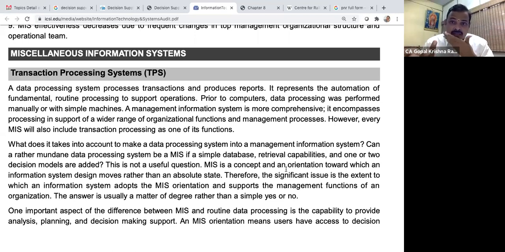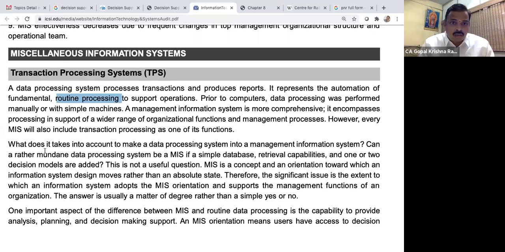Passenger reservation list. Summary: what is the total train, how many tickets are there, how many tickets are booked, how many tickets are still pending? Those reports. It represents the automation of fundamental routine processing. Normally, transaction processing will be automating the routine process. So all your operational level process, bank operations, routine process, you got fundamental operations automated.